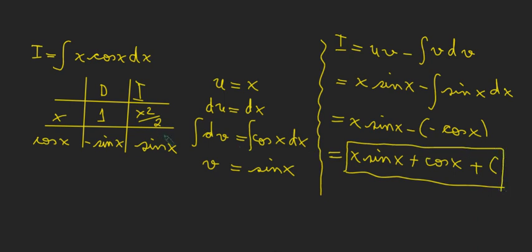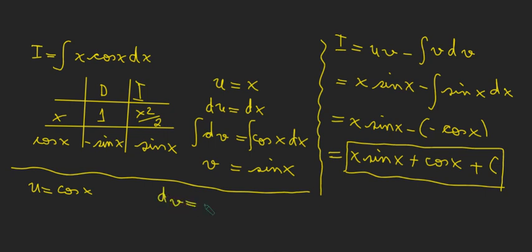What would have happened if we had made the wrong decision? If we had called u equal to cosine, so here is the wrong decision, dv equal to x dx.